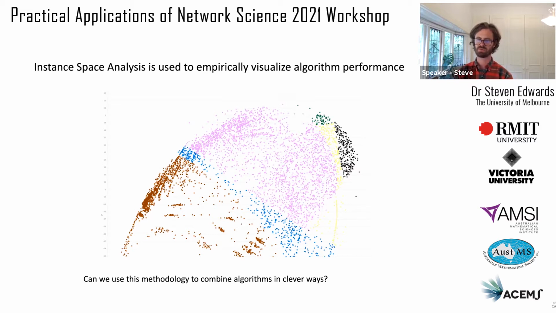Each color corresponds to a different algorithm. And the space is a two-dimensional projection based on features that you can measure of those instances. So what I'm interested in this talk is whether you can use this methodology to combine algorithms in a clever way, such that you've got a new algorithm that takes the best of both worlds.